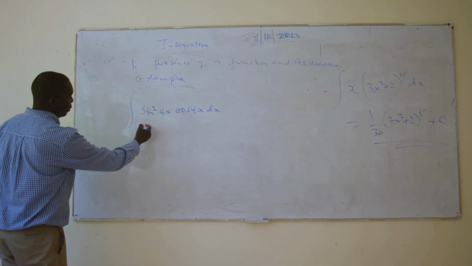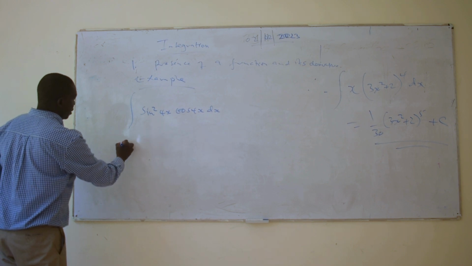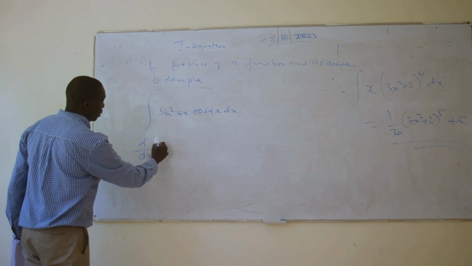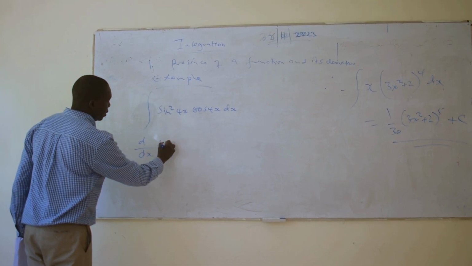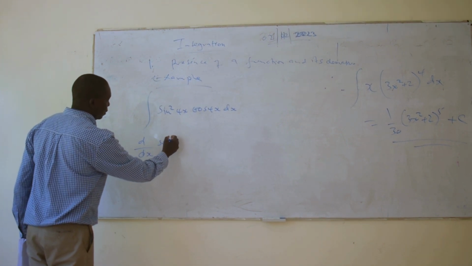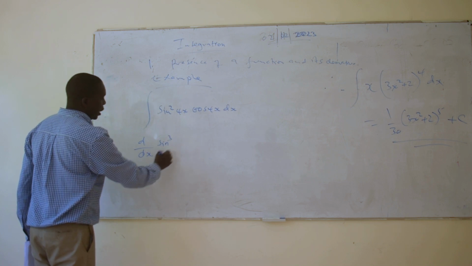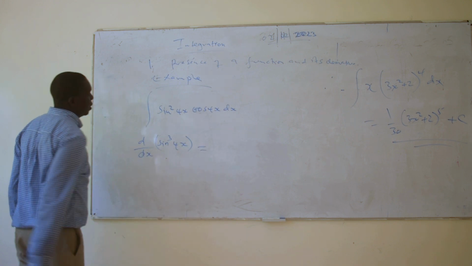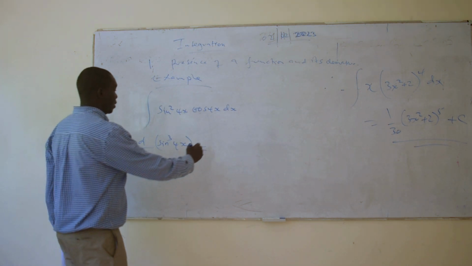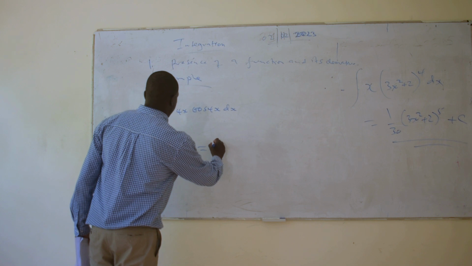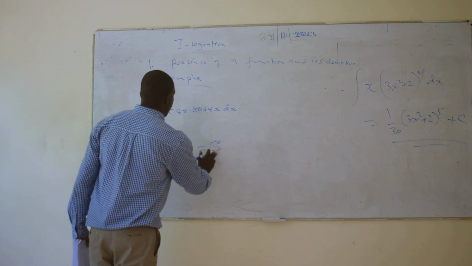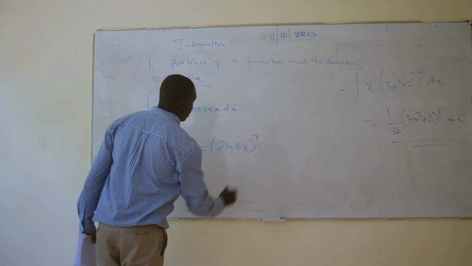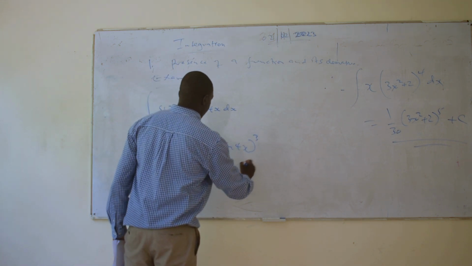So the antiderivative of the integrand, that is d/dx of sine cubed 4x, is the same as sine of 4x raised to the power 3.